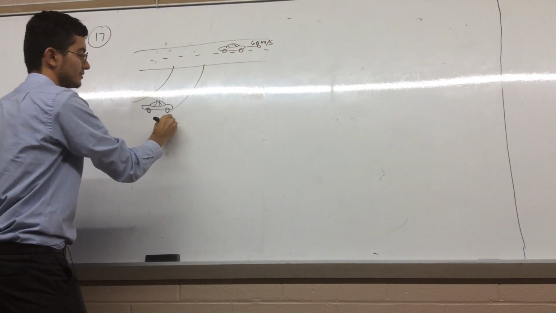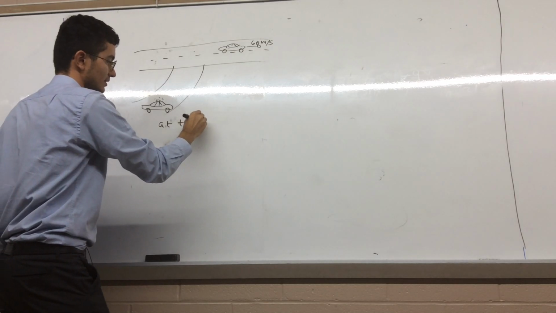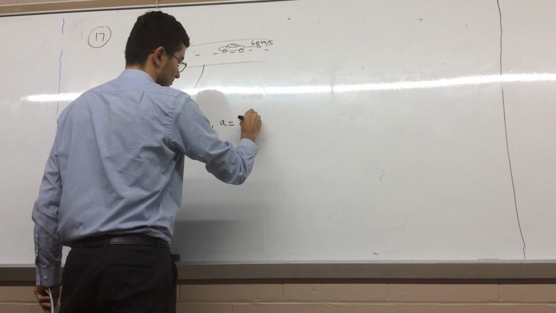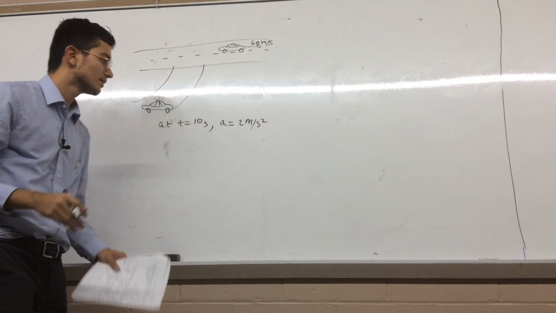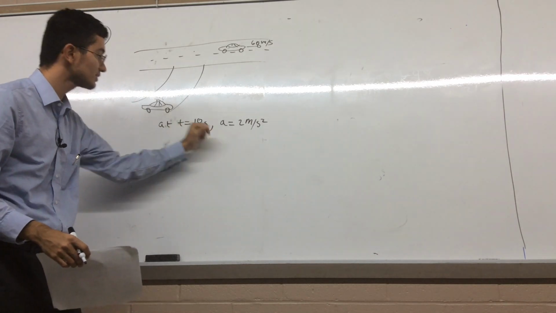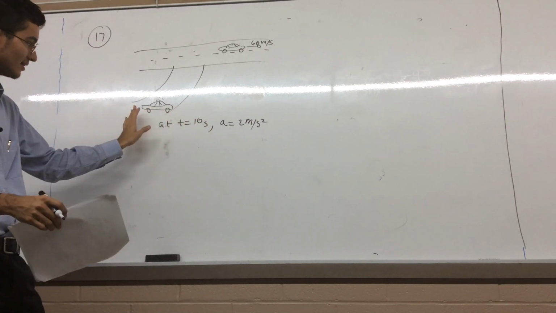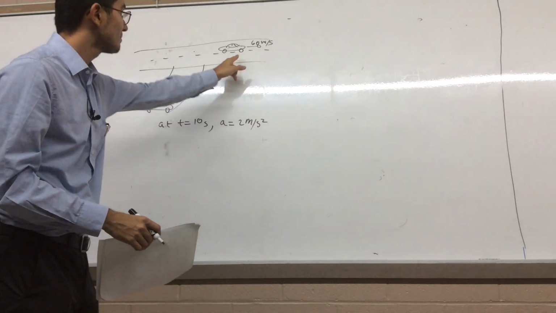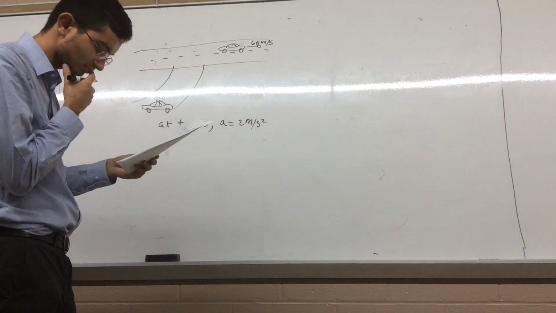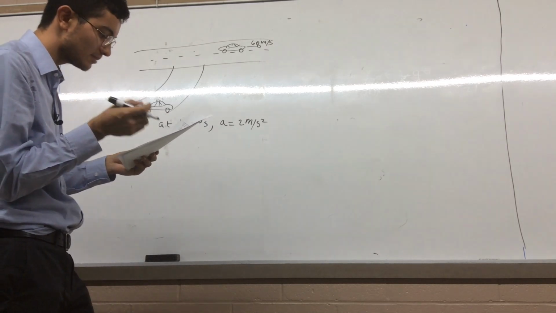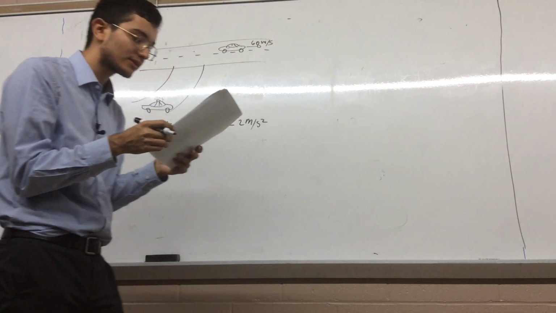Now at t equals 10 seconds, the acceleration is equal to 2 meters per second squared. That means that between t equals 0 and t equals 10, the acceleration is 0. The cop didn't start his engine until 10 seconds afterwards. We want to find how far in meters from the original point will it catch up with the car.